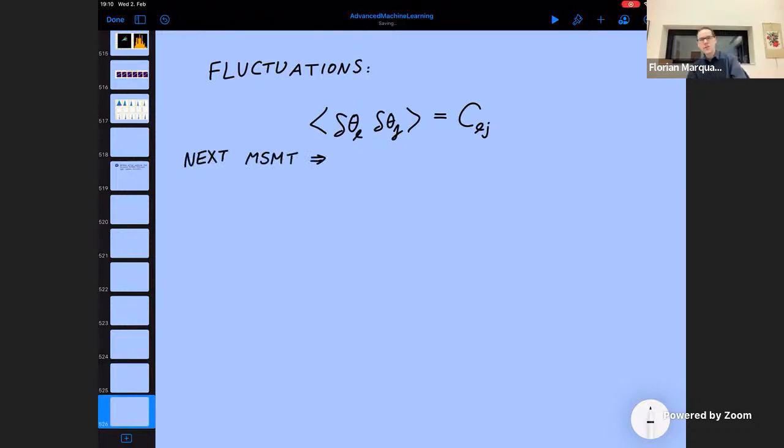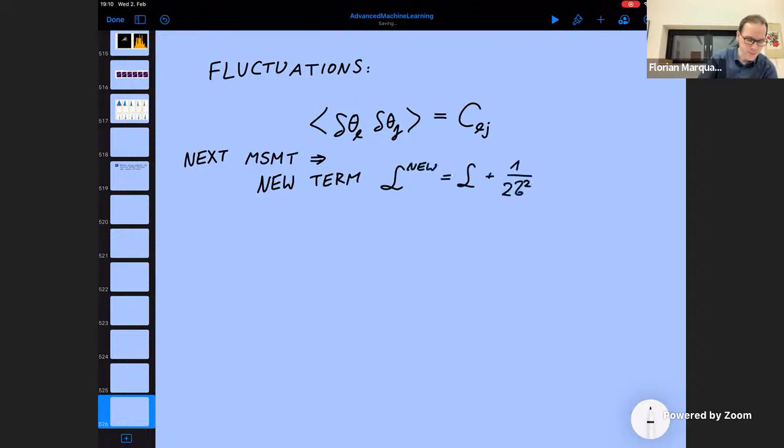And what that just means is in our mean squared error function, we just add a new term. So we would say my loss is the old loss plus a new term, which just describes the measurement at the new location.